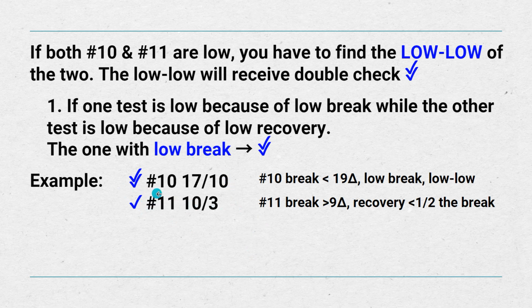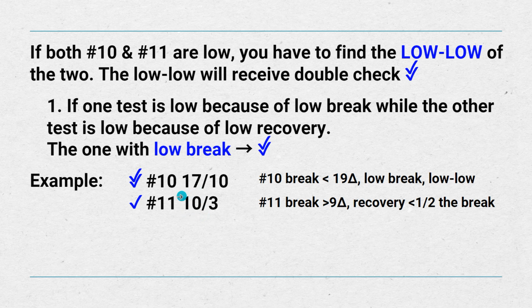Ang sa first example nato is, ubos siya sa normal finding ang iya break. Number 10 break is lesser than 19. So if lesser than 19 siya, automatic nga low siya. So low break. Ang sa number 11 is 10 over 3.